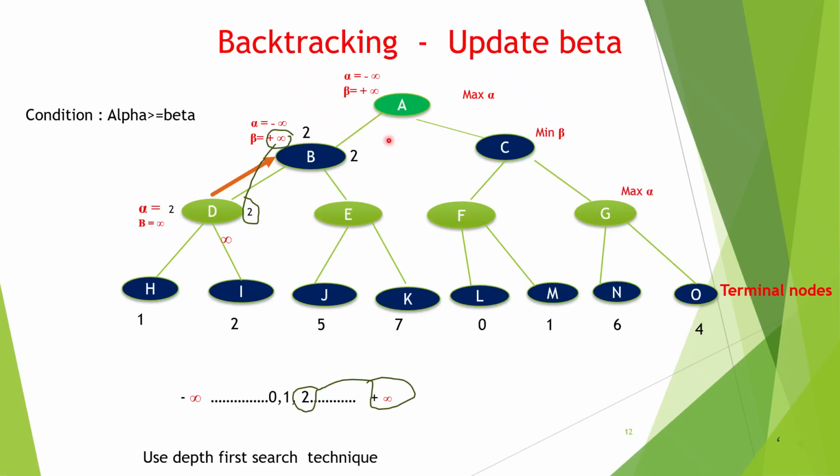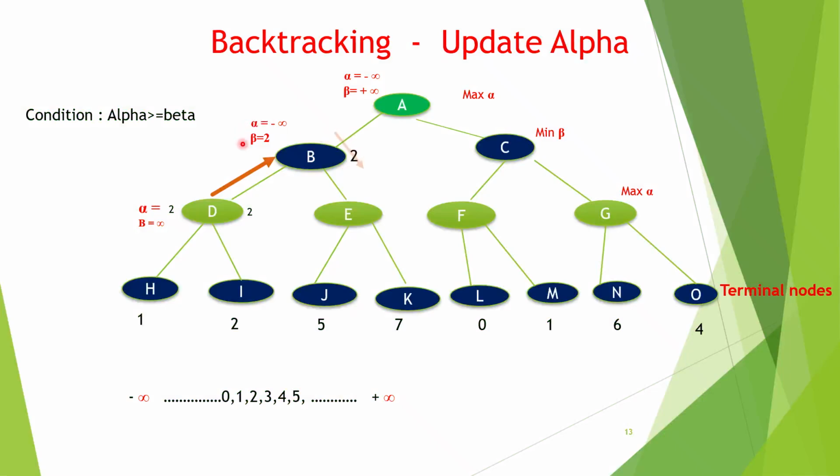It is a minimizer's move, so take the minimum of 2 and infinity. That is 2. So the node value of B is 2, and we update the beta value to 2.